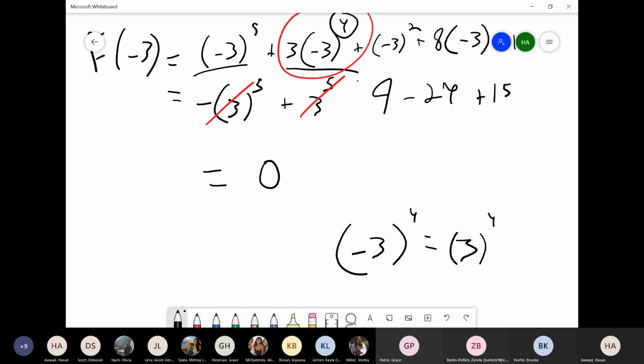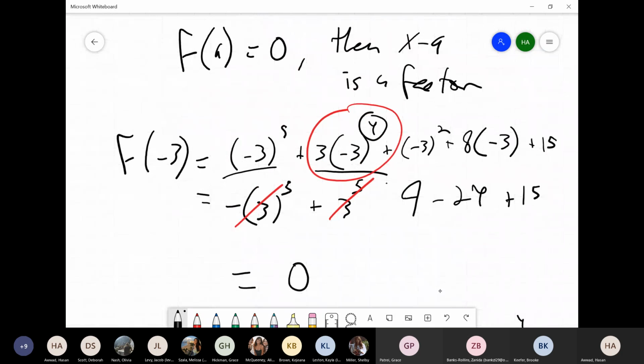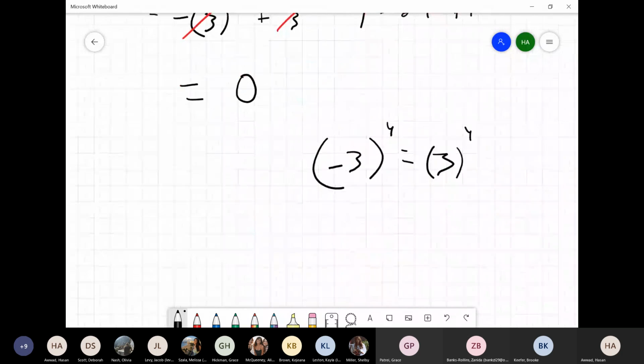Yes. Okay, great. So we know that negative 3 to the 4th is really just 3 to the 4th. But I was multiplying 3 to the 4th by this coefficient of 3 in front of it, right? So if I have 3 times 3 to the 4th, well, once again, all I'm really doing is adding the exponents together, right? We have the same base being multiplied against the same base. 3 and 3, it's the same base.